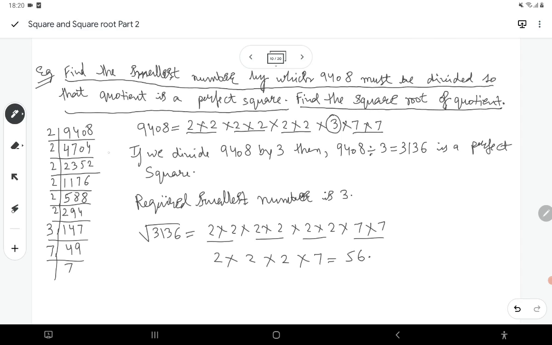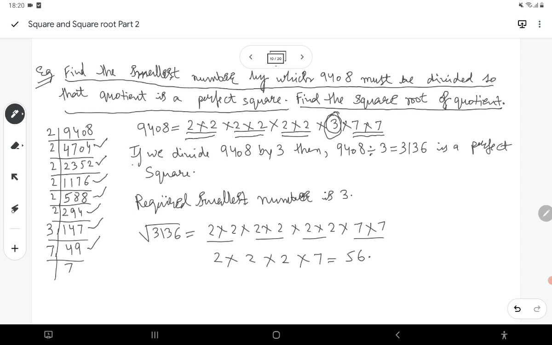So we are going to find this using the prime factorization method. 2 4704s are 9408, 2 2352s are 4704, 2 1176s are 2352, 2 588s are 1176, 2 294s are 588, 2 147s are 294, 3 49s are 147, and 7 7s are 49 finally. So the pairs are 2 multiplied by 2, 2 multiplied by 2, 2 multiplied by 2, 7 multiplied by 7, and 3 is left alone, as it does not form a pair.